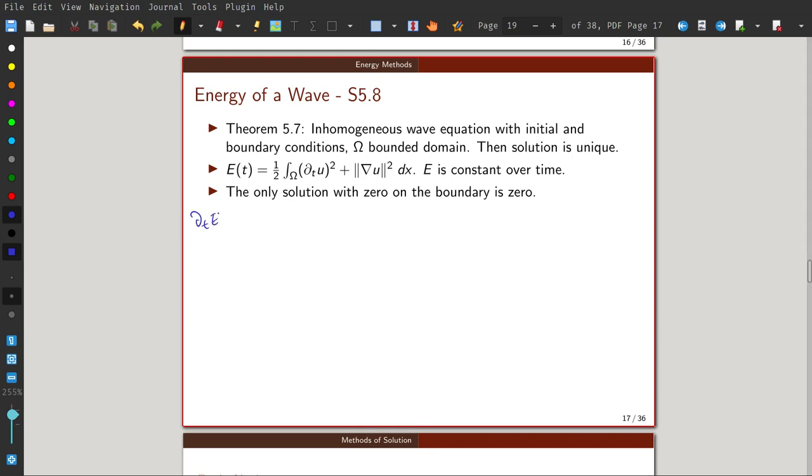So the t derivative of E. The domain is not changing, so we make sufficient assumptions that we can bring this inside. This gives us u_t and then the second derivative, u_tt.